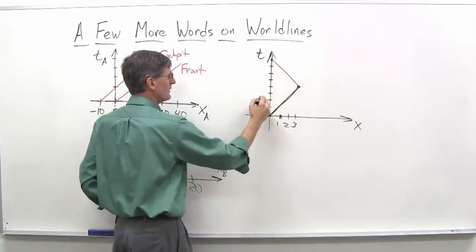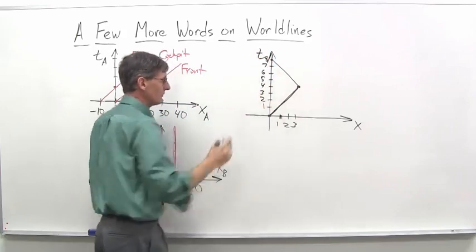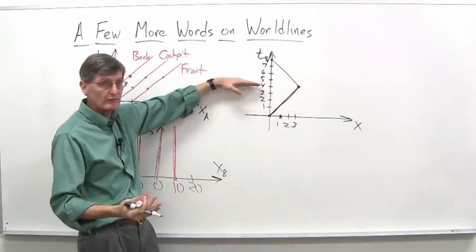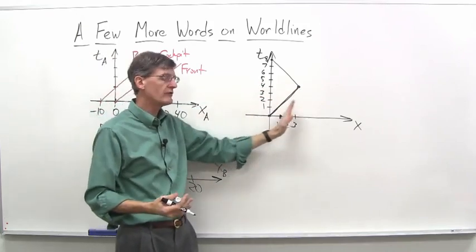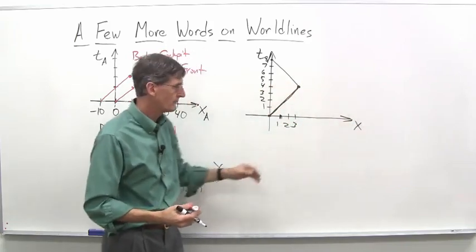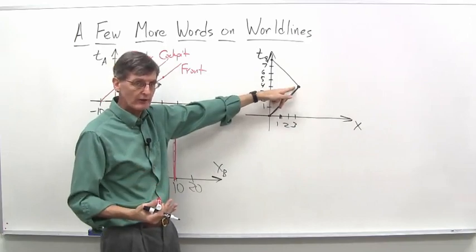So at time t equals 4 seconds, 4 minutes, 4 years, whatever it happens to be, it's at position 3. It's moved in the positive x direction. If it kept going, it would just keep moving in the positive x direction. But evidently, it stops and changes direction at that point.